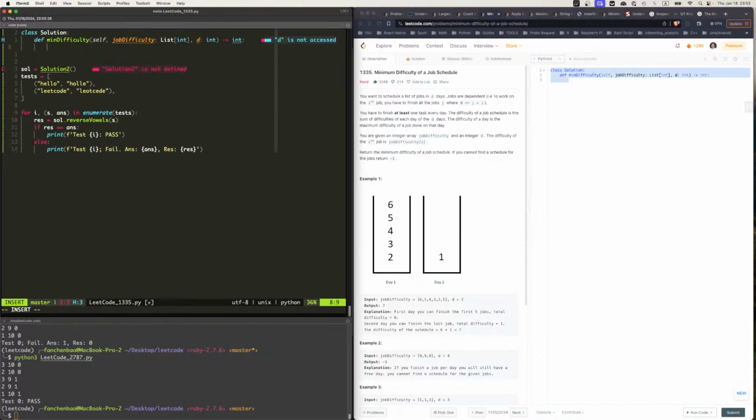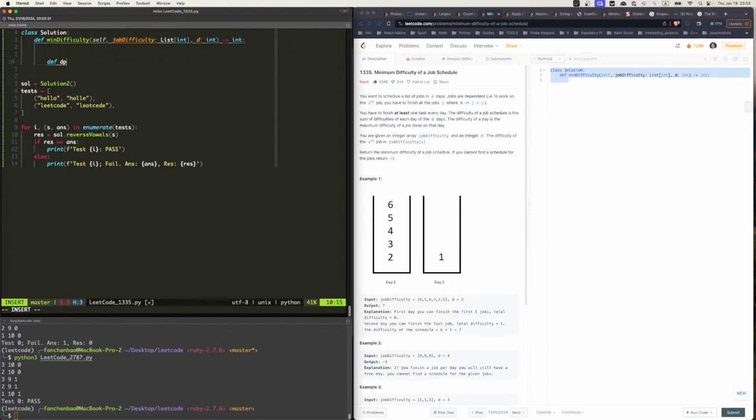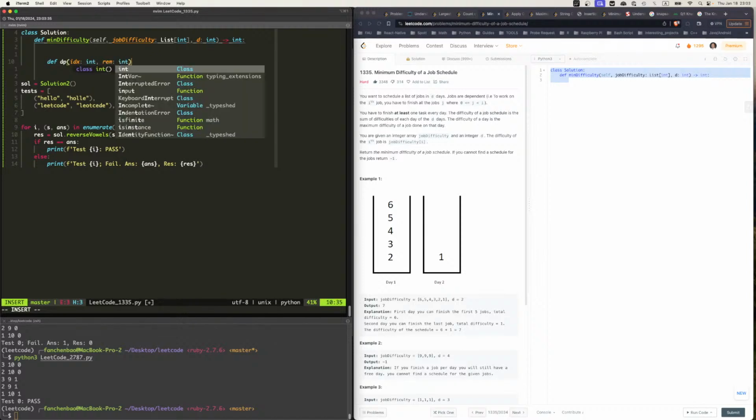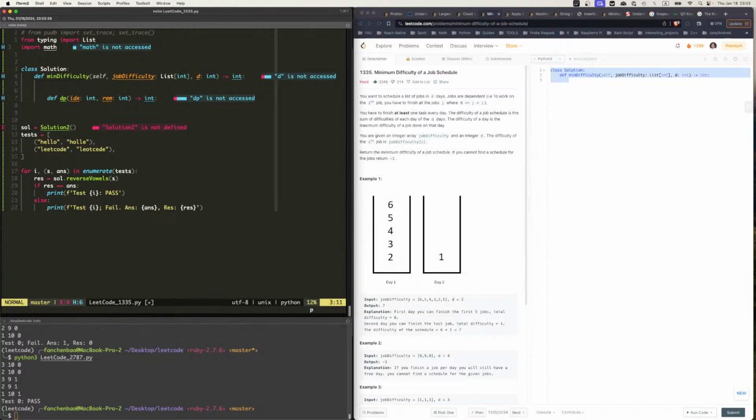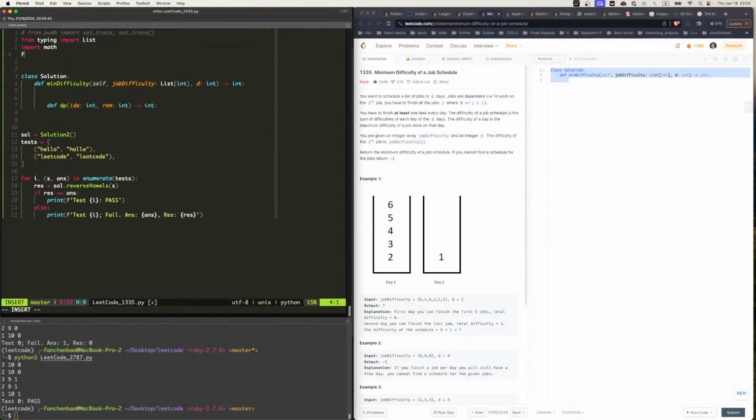Okay, so we're going to do def dp, index, remaining. Oh no, first from functools import cache.